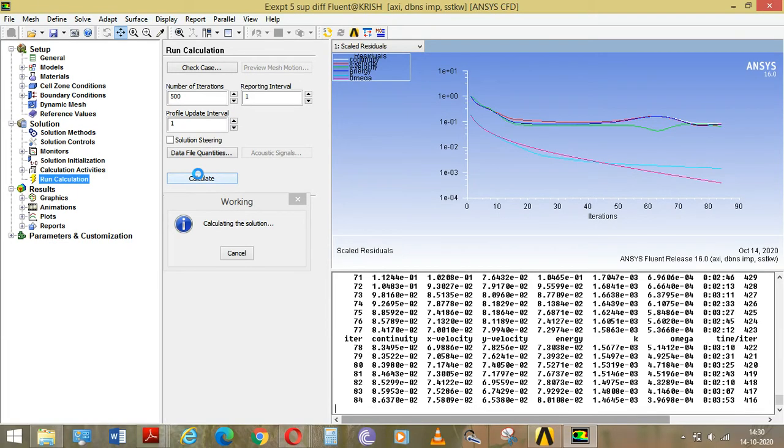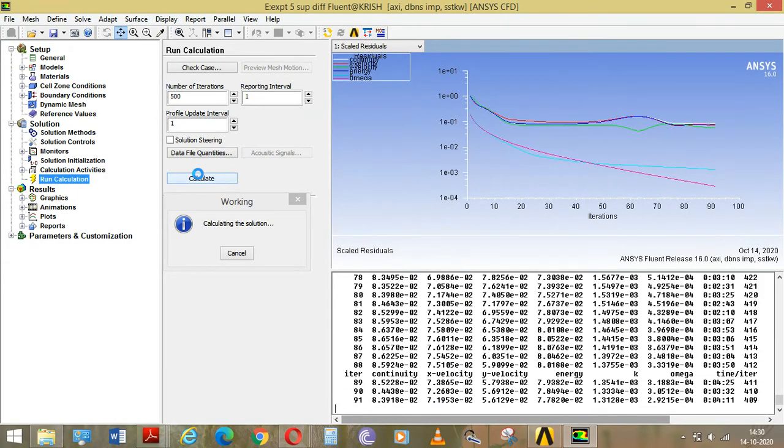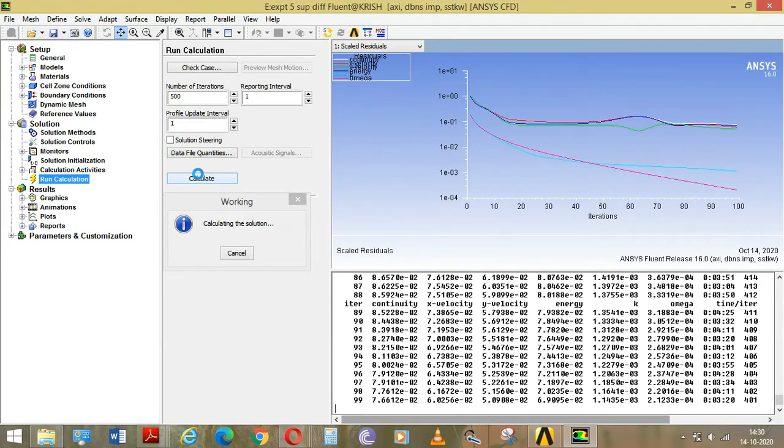So in the monitors, I didn't change anything. It was default. Continuity equation, the residual was 10 power minus 3, and rest all equations will be 10 power minus 6.